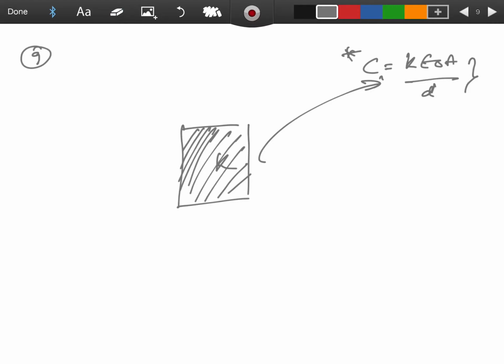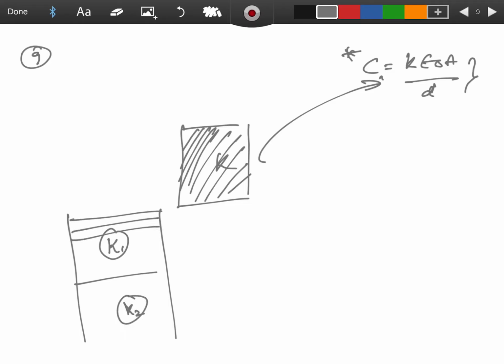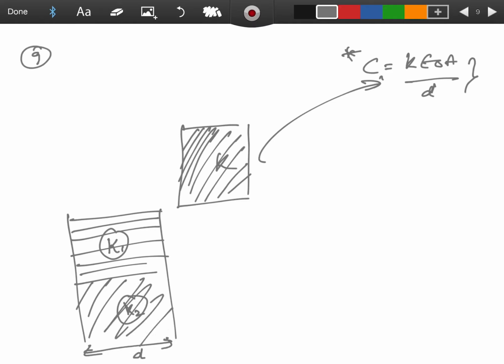C1 equal to K epsilon naught A by d. And in the second case they mentioned this is K1, this is K2. Here they use like this. The distance between the plates is d.